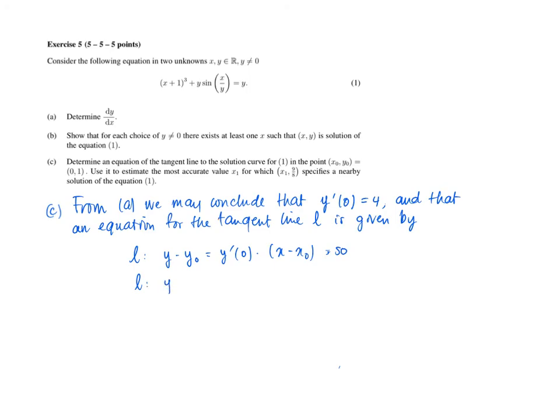Rewriting this using the values, we get y minus 1 equals 4 times x minus x0, but x0 is 0, so we might as well express L in terms of x: x is 1 over 4 times y minus 1.